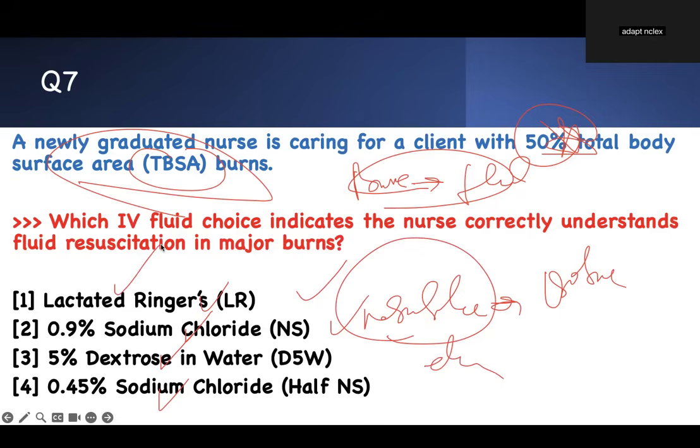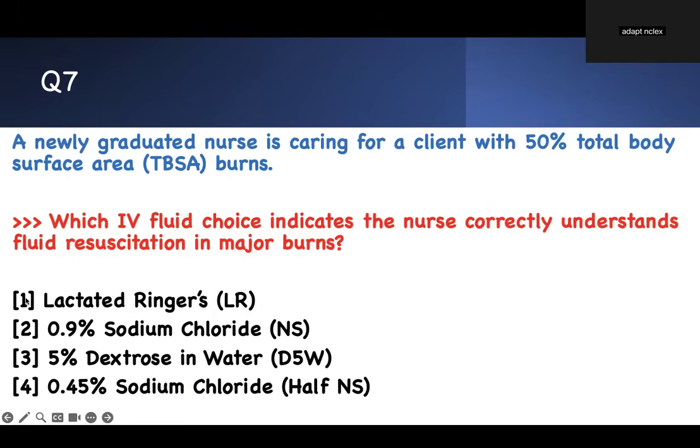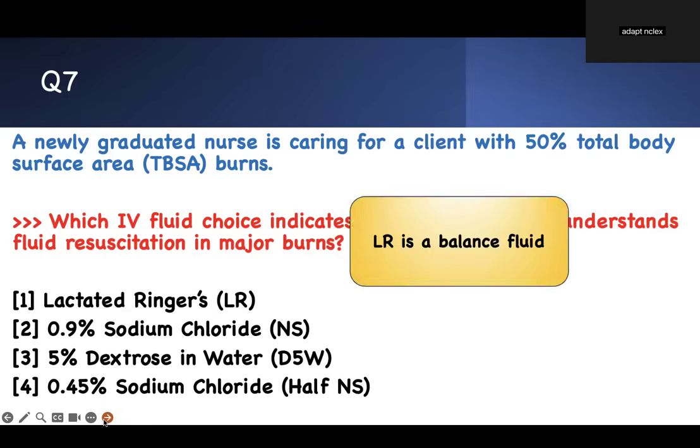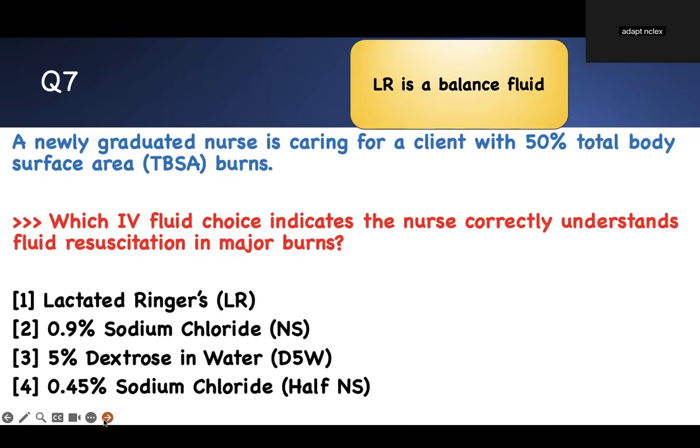Lactated Ringer. The second thing is too much normal saline will cause acidosis. This patient already has acidosis. And because of the large amount of fluid needed, we avoid normal saline. So they're going to get lactated Ringer. And that is the content associated with this. So that's what you need to know. Lactated Ringer is a balanced fluid.